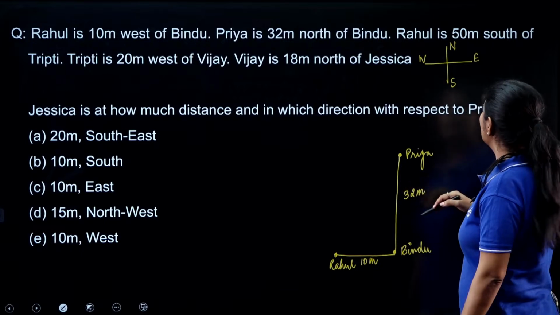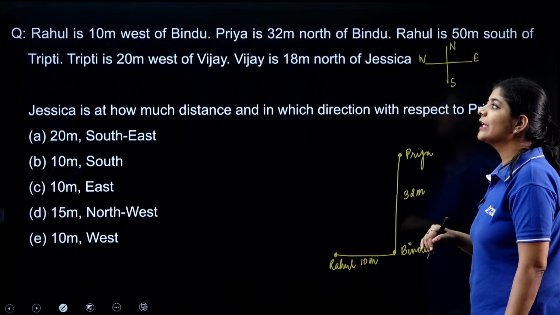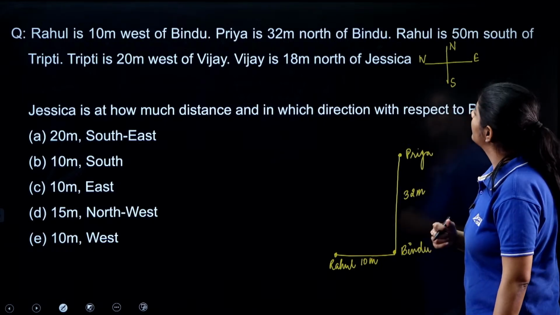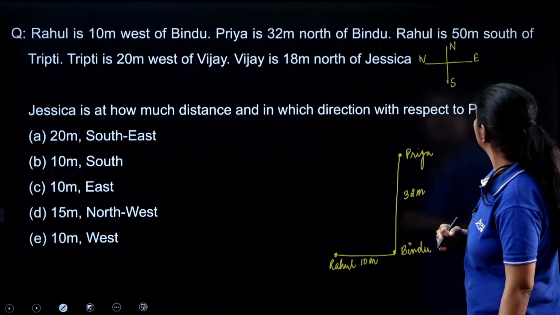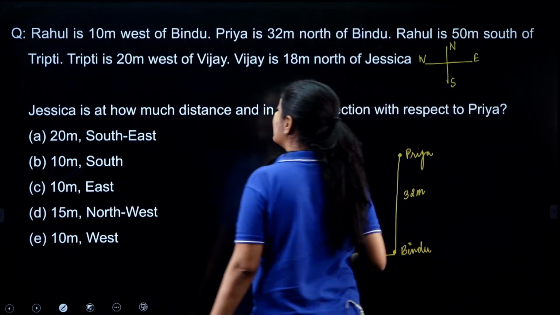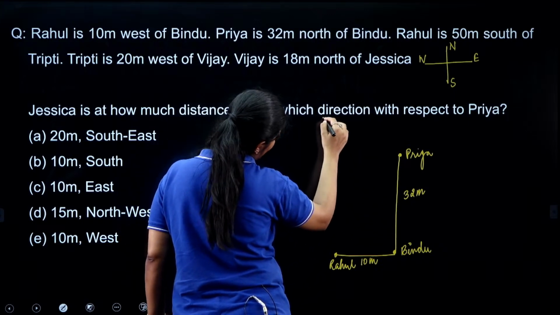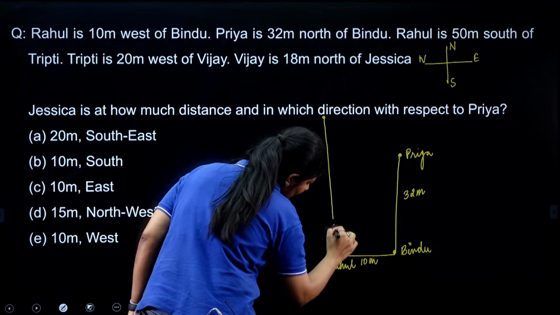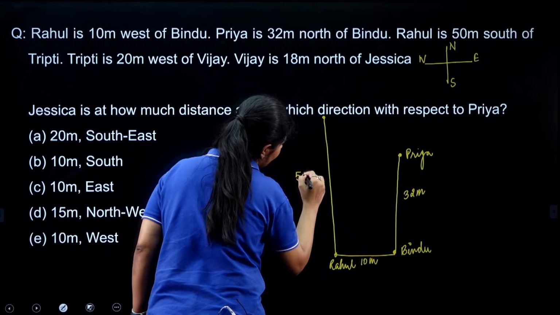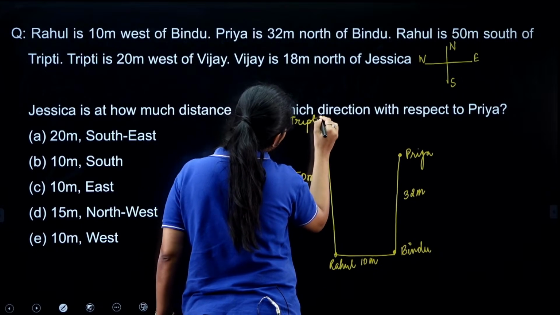Next, Rahul is 50 meters south of Tripti. Tripti is 20 meter west of Vijay. Rahul is 50 meters south, so if this is 32, then we can assume that somewhere over here this distance is 50 meters, and this position is of Tripti.